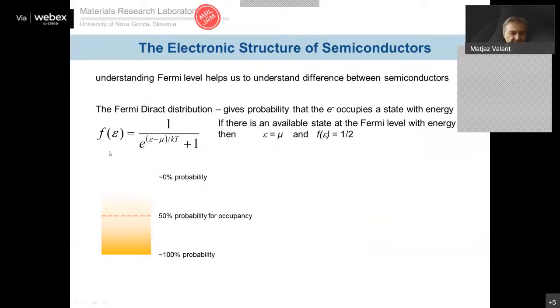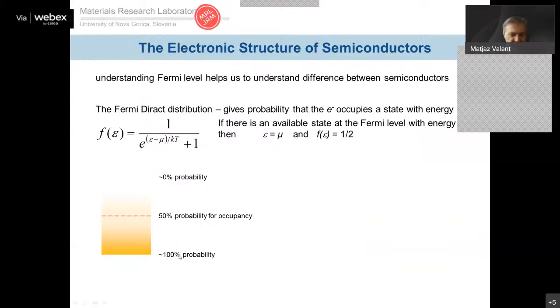This comes out of the Fermi-Dirac distribution equation. If we assume that these two energies, epsilon and mu, are equal, we would get probability for occupancy of this state to be 1/2. So I will from now on use this particular scheme here.